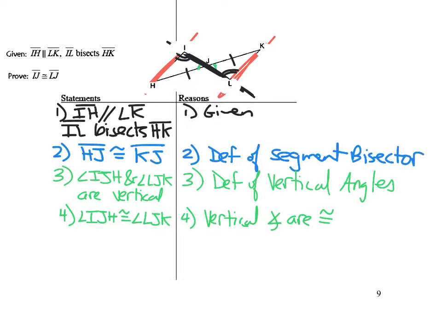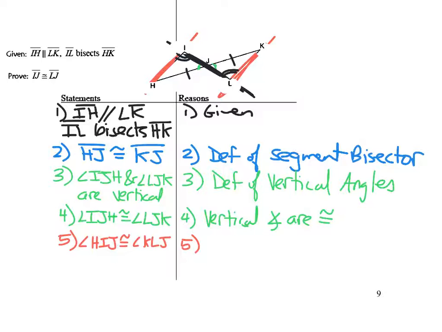So I'm going to say angle HIJ is congruent to angle KLJ. And there's really no way around it. I mean, people have come up with different shortcuts for this over the years, but none of them are really that good.